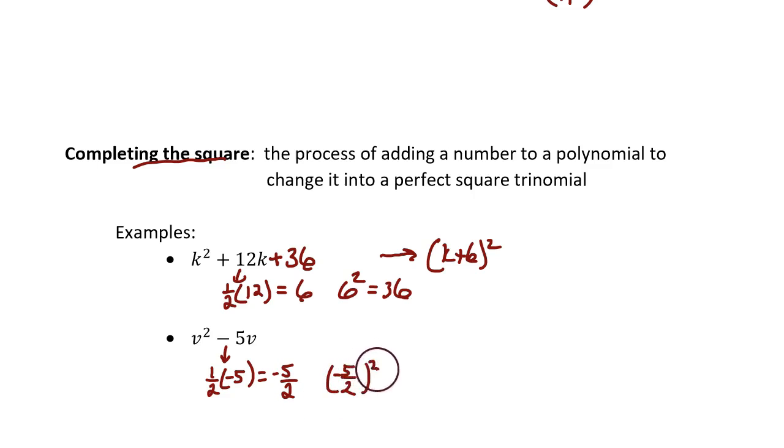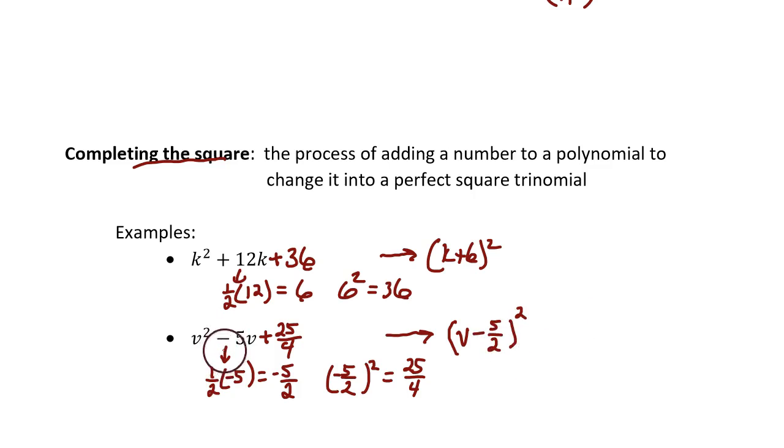Negative 5 over 2 squared makes 25 over 4. And that is the constant term that gets added on the end. Now we have a perfect square trinomial. If you had to factor it, what does it make? Well, it makes a set of parentheses, squaring on the outside, and it makes v minus the 5/2.